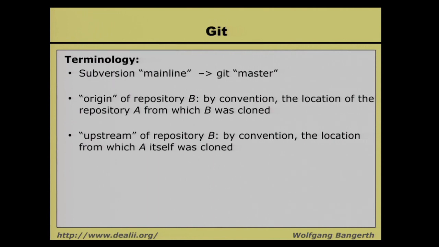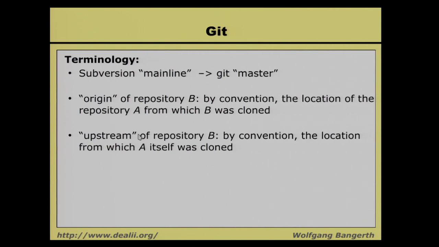In Git, because you have many repositories, there is the concept of an origin. If I have a local copy of a repository that I call B on my own hard drive, then by convention origin is the place where I copied that repository from, which I cloned it from. So if I cloned A into my local copy B, then A is the origin of B. And if A itself was cloned from somewhere else, then I will call that repository upstream.